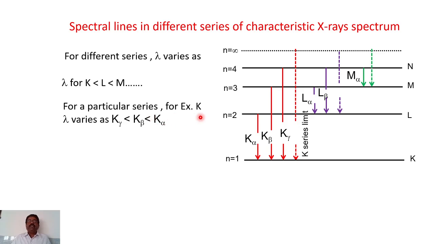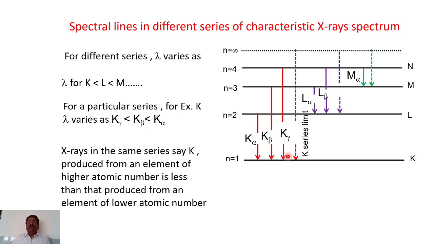For a particular series, for example here K series, lambda varies as K gamma is smaller than K beta is smaller than K alpha. And this is very obvious because the energy difference is higher. So energy is higher, therefore lambda must be smaller here, smallest. So that is about the relation among the different photons in terms of their wavelengths and for different series also.